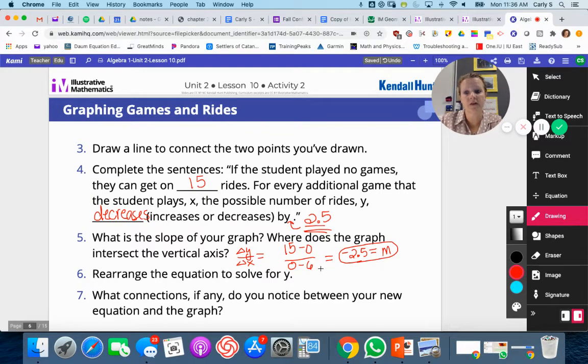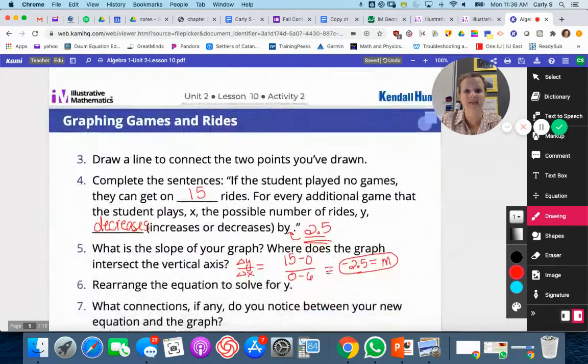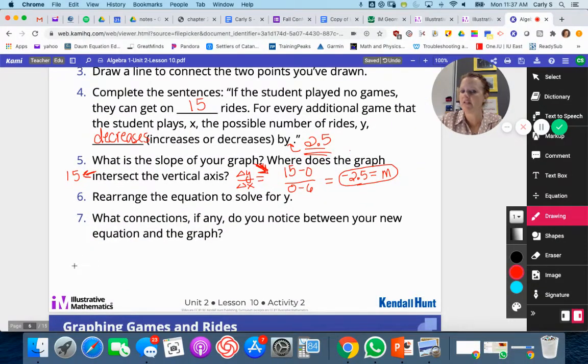And then where does the graph intersect the vertical axis? It intersects at 15. So the slope of the graph is right here, and it intersects the vertical axis at 15. Okay? Now it says rearrange the equation to solve for y.